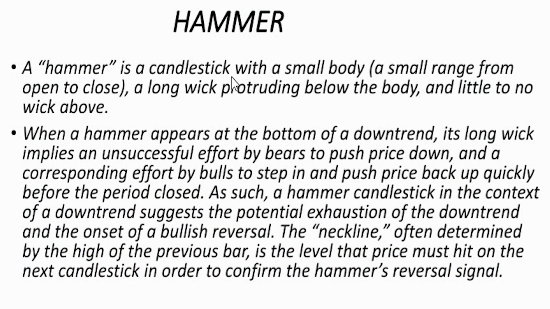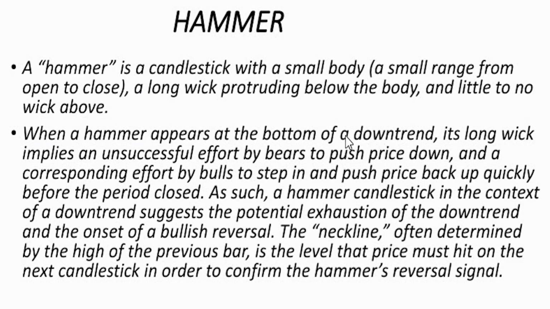Hammer. A hammer is a candlestick with a small body, a small range from open to close. The body of a hammer is small, with a long wick protruding below the body and little to no wick above.